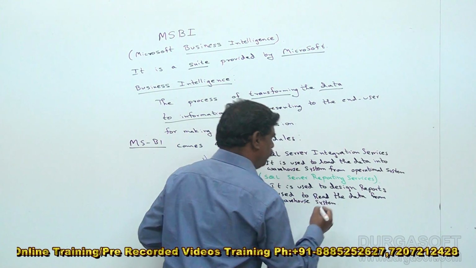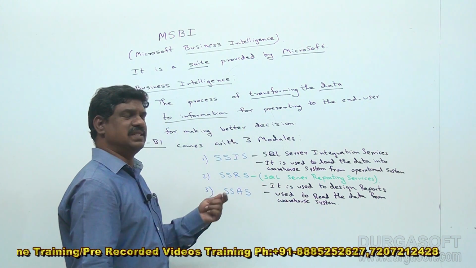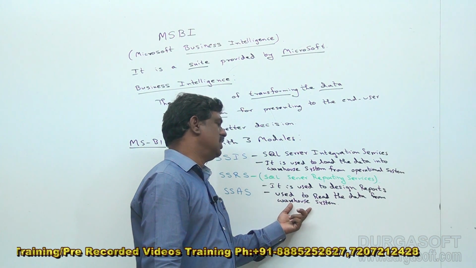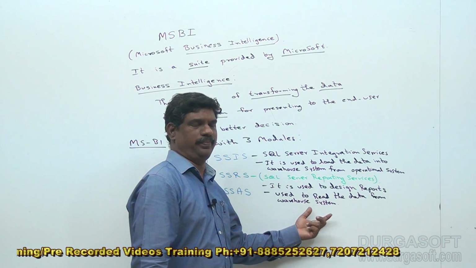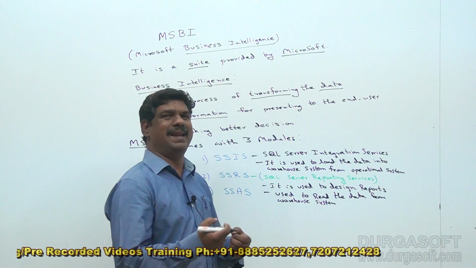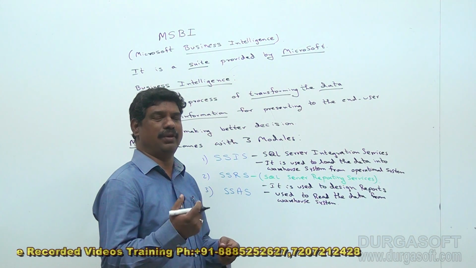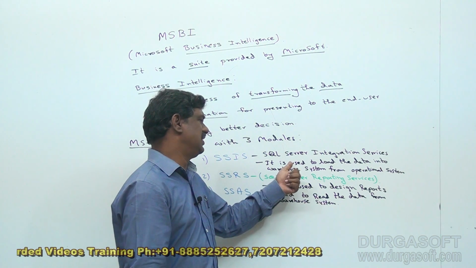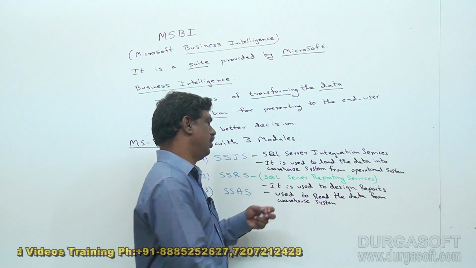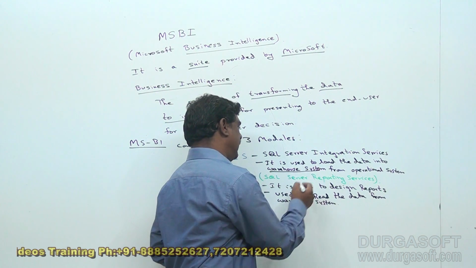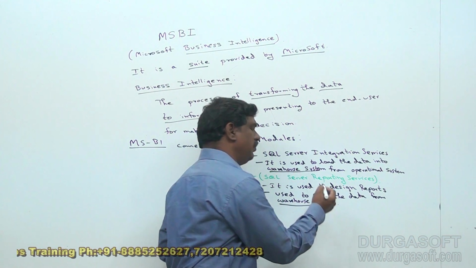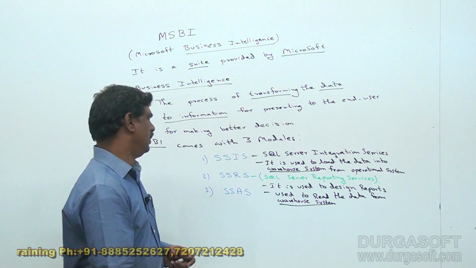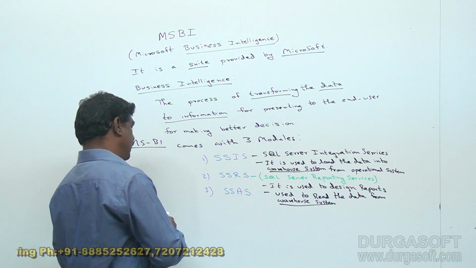So the reports you design read and present from the warehouse system. You populate the data which is present in the warehouse system and present it to the end user. The first one is loading the data into the warehouse system and the second one is reading the data from the warehouse system. And the third module, SSAS.